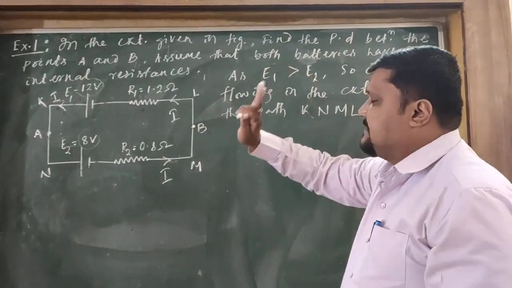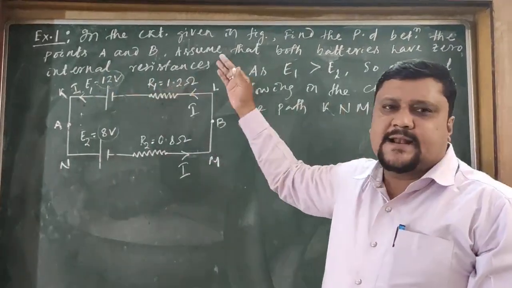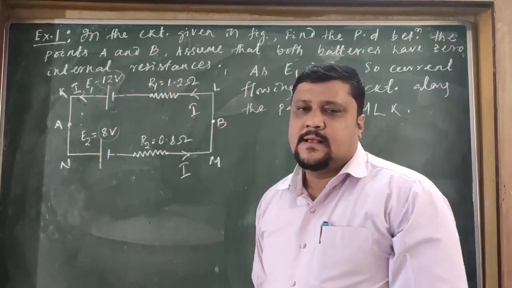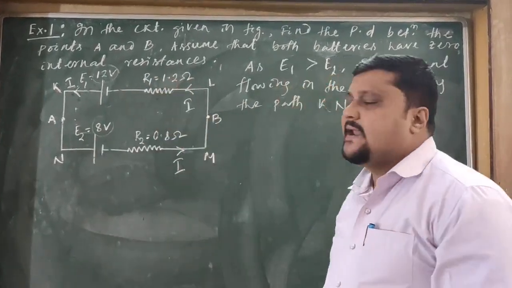This is the first one, because the current is not given. In some circuits the current is given, and there is no need to consider all these things in that circuit. Here the current direction is not given, so that's why I consider it like this.